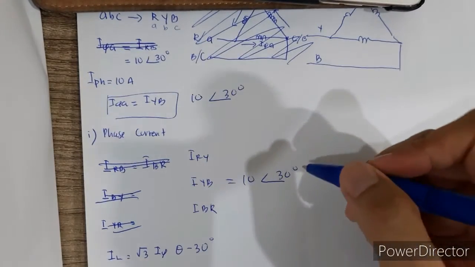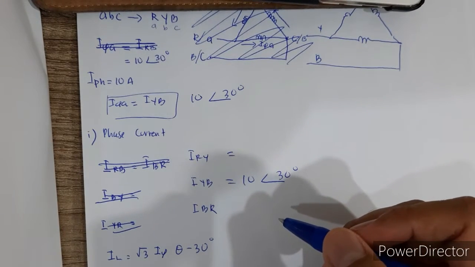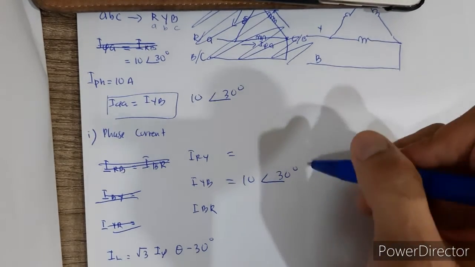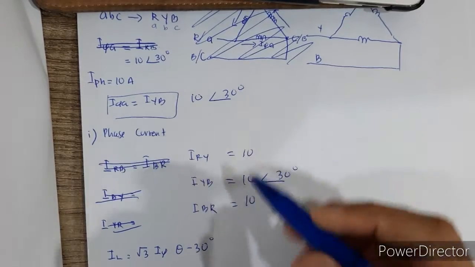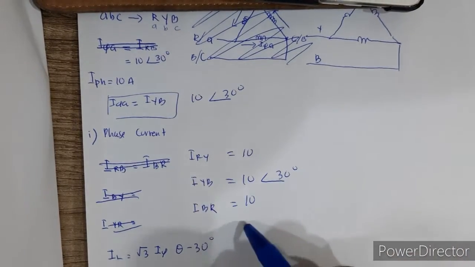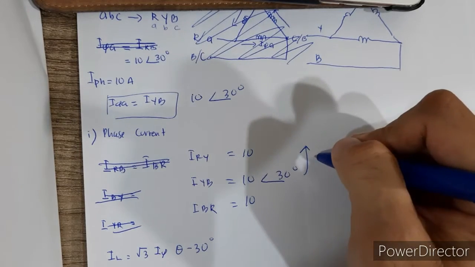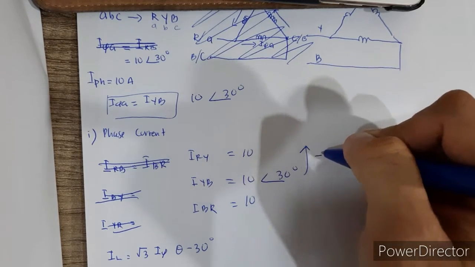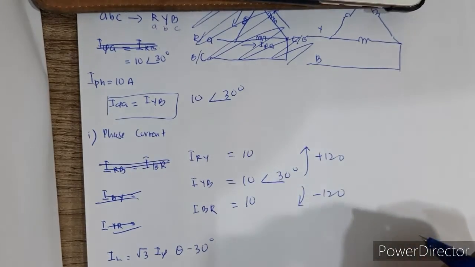Remember, to determine the others, the magnitude is similar, so you can write IYB, IRY and IBR. Going upward you have to add 120, going downward subtract 120.